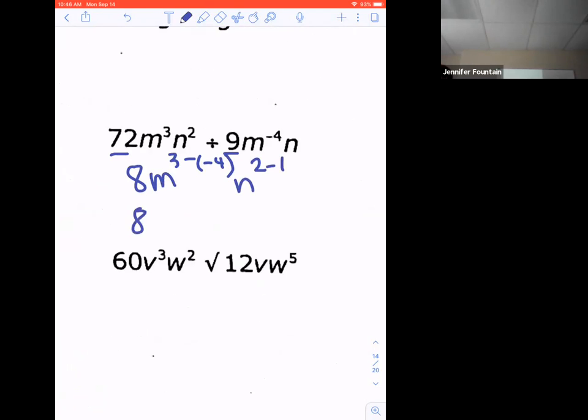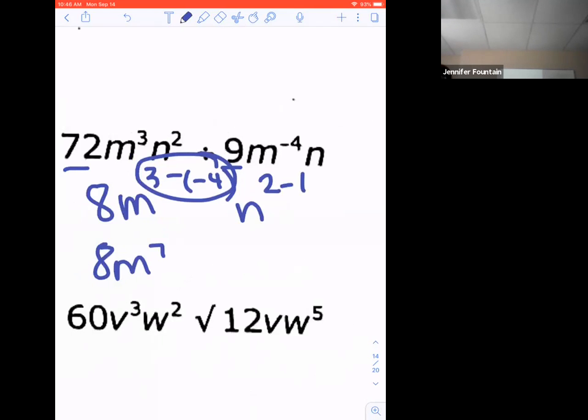So 8m, 3 minus a negative 4 is the same as 3 plus 4, so that makes 7, because remember, change from subtraction to addition and take the opposite sign. So 8m to the 7th, and then 2 minus 1 is 1, so I don't have to put an exponent for n. Look and see if you missed it. Why did you miss it? Last column.